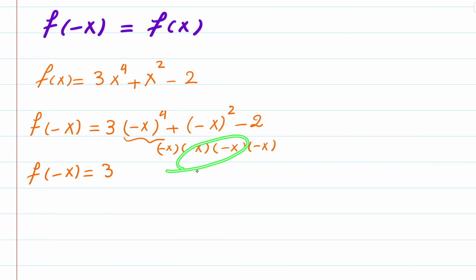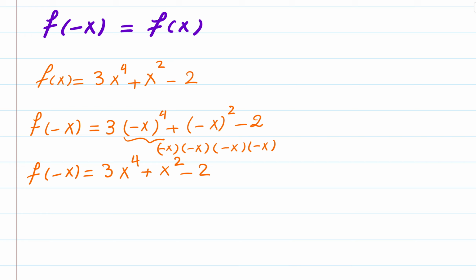Positive times negative is negative, and negative times negative is positive. So the overall answer is x to the power 4. And for the next one, the square of negative x is positive x squared, minus 2.